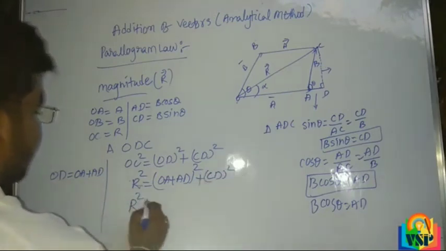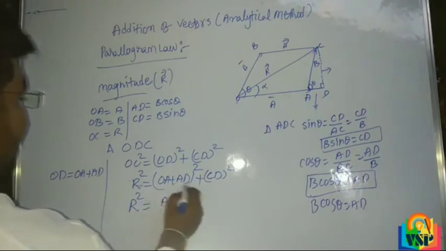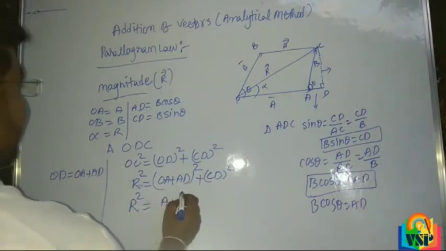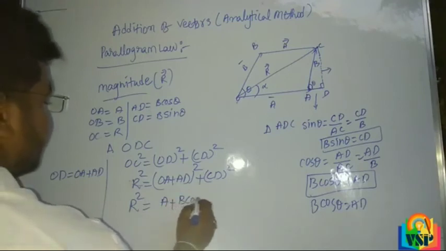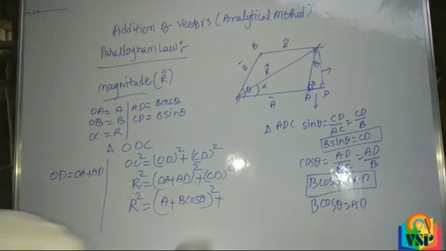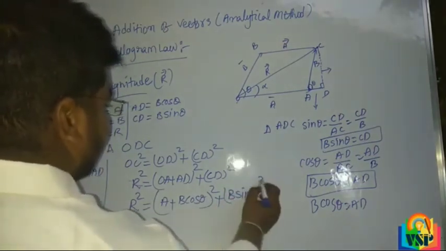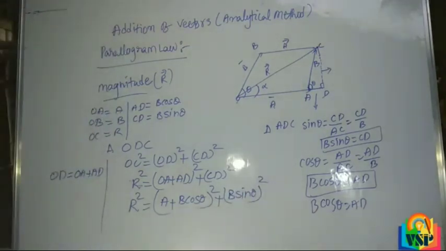R square is equal to OA means A plus AD, which is B cos theta, whole square, plus CD, B sin theta, whole square. Understand? This formula becomes like A plus B whole square.